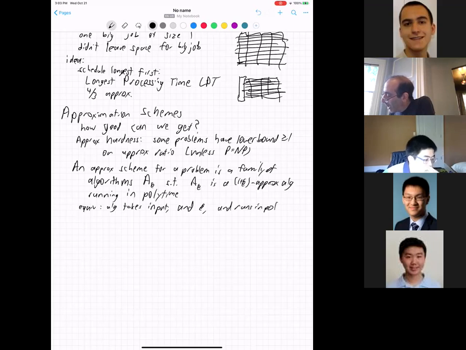But we have to be a little bit careful about this because, for example, what if I have a running time of n to the 1 over epsilon squared? And I'm not pulling this out of a hat. I actually have developed approximation schemes with this runtime. And the point is that this is polynomial time for any epsilon, or for each epsilon.